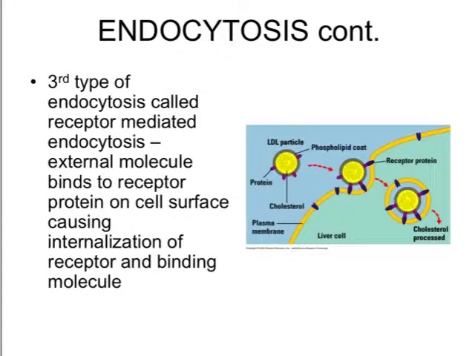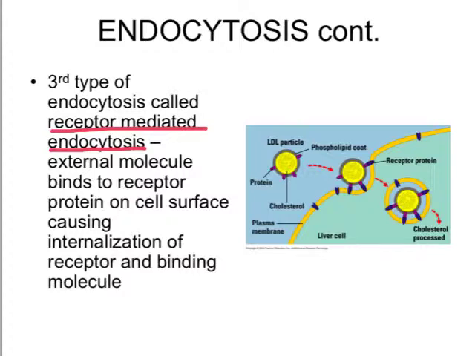Some endocytosis is just random. The cell will just engulf whatever's on the outside. The third type we're going to talk about, though, is called receptor-mediated endocytosis. This is very specific endocytosis, where you've got a molecule that's going to bind to a receptor on the cell surface, and that's going to signal the okay to take in and engulf this particular substance.